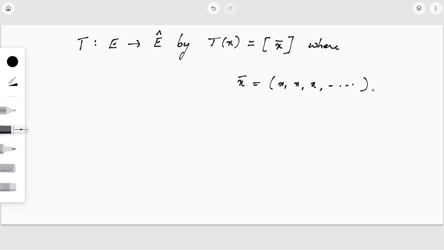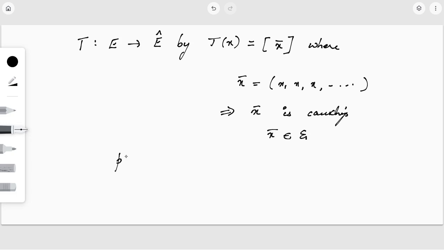Now this X bar is a constant sequence. Since it is a constant sequence, we can say that it is Cauchy, right? X bar is Cauchy, and so X bar belongs to script E, the space of all Cauchy sequences.